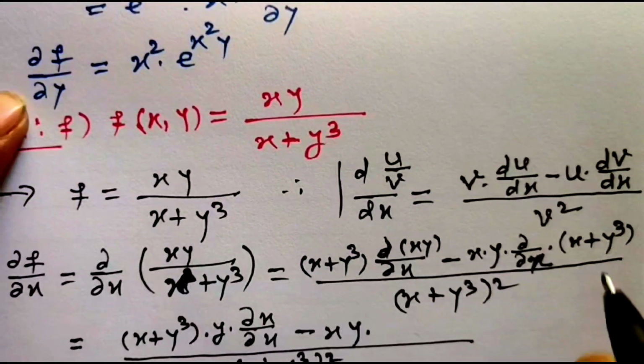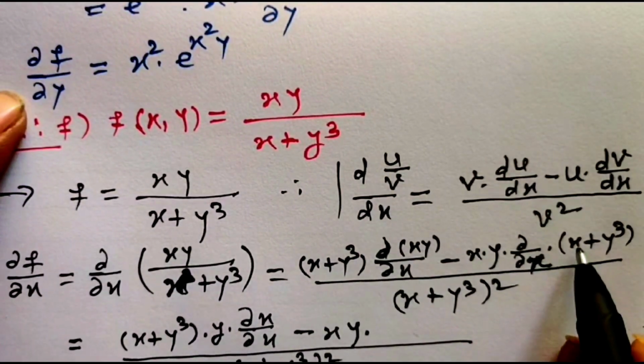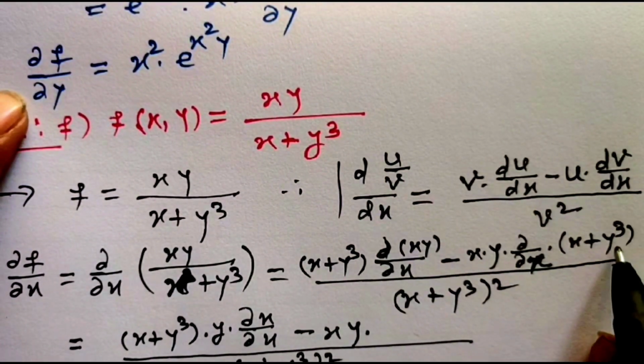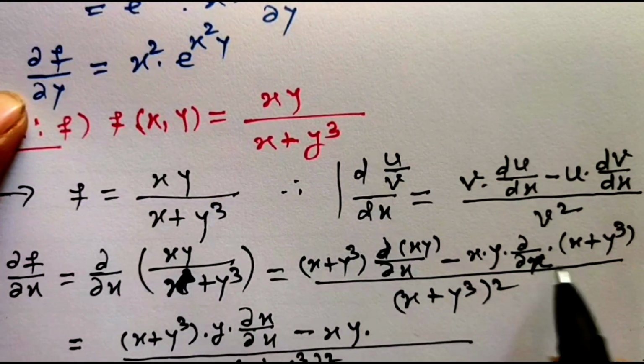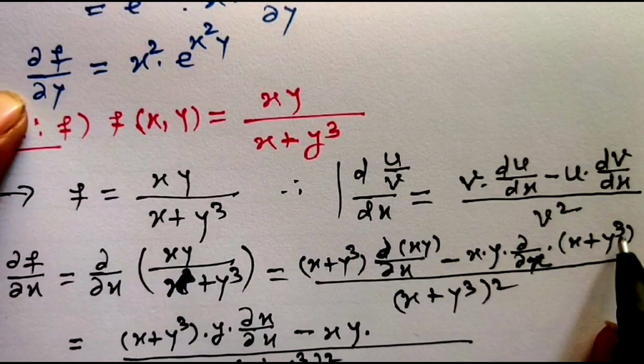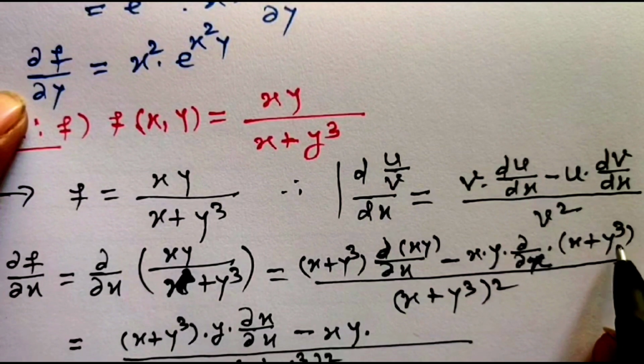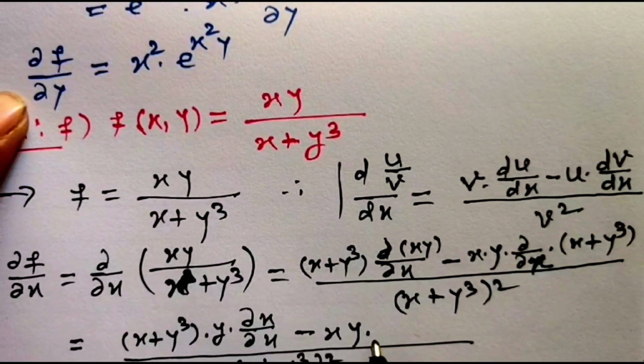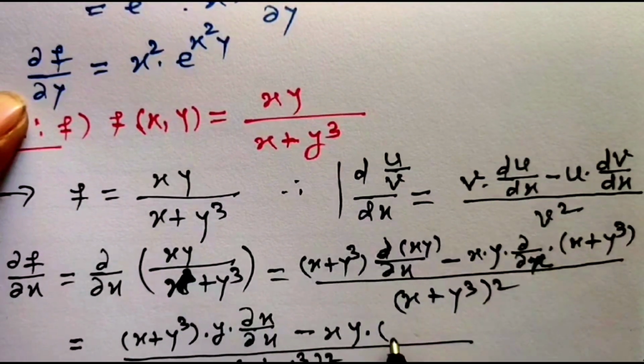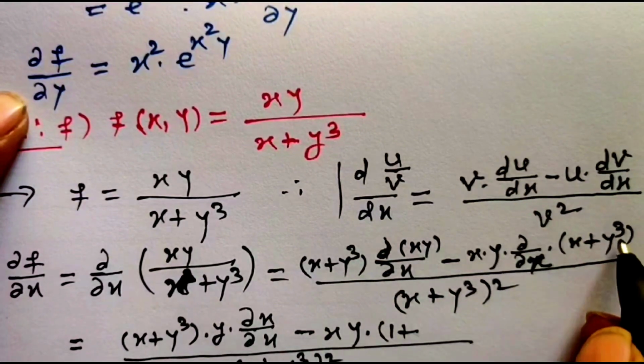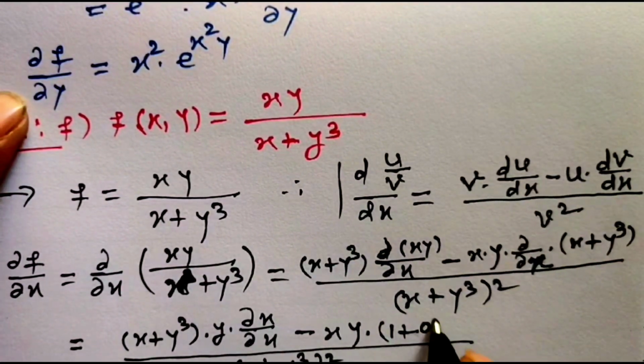The derivative of x with respect to x is 1, y is constant because we are differentiating with respect to x, so the derivative of y cube is 0. So this can be written as the derivative of x with respect to x is 1 plus the derivative of y cube with respect to x is 0.